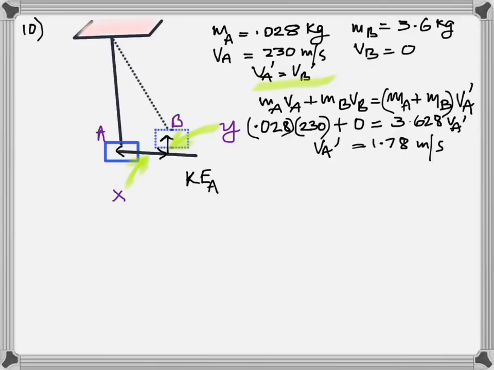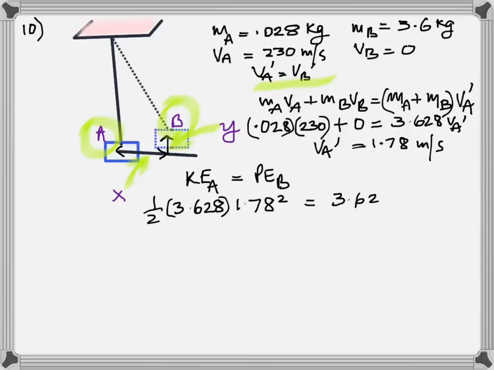Now if you call the positions A and B, kinetic energy at A is equal to the potential energy at B. And therefore 1/2 times the total mass times the velocity squared is equal to mgh, mgy in this case, and from this equation we can find y.